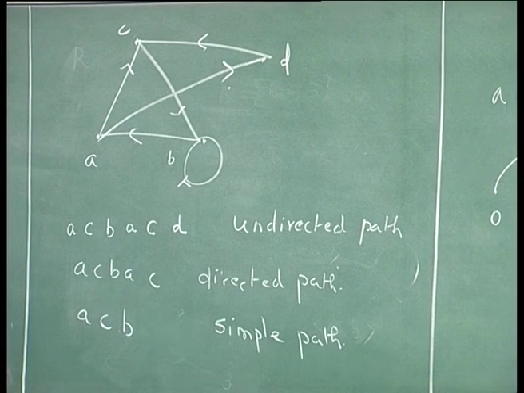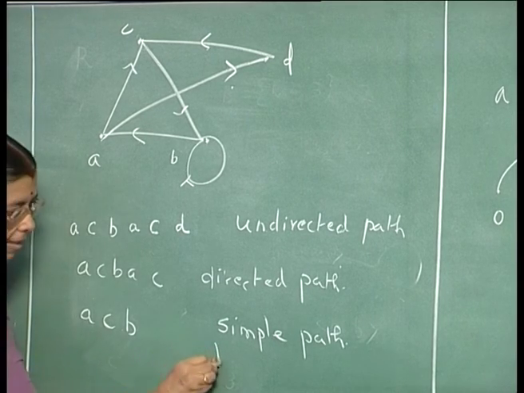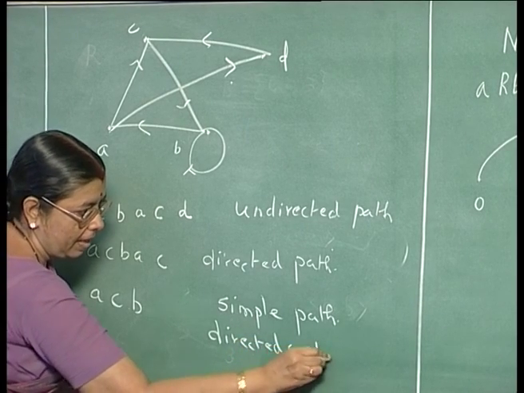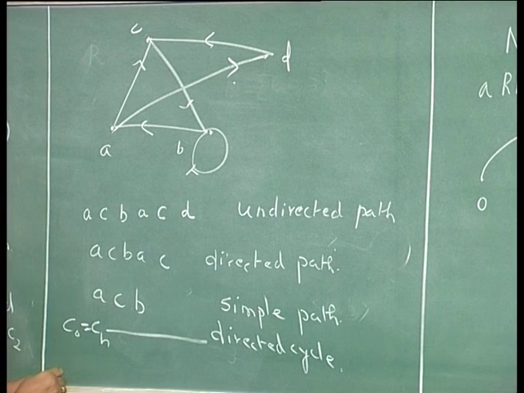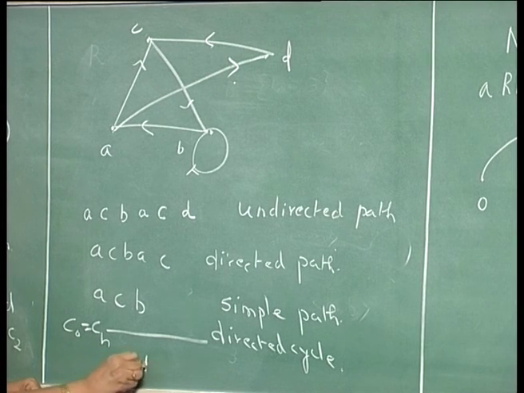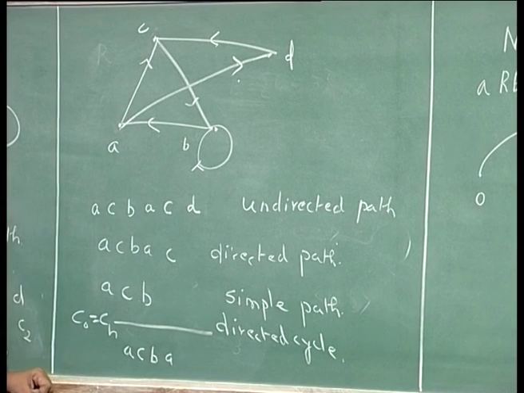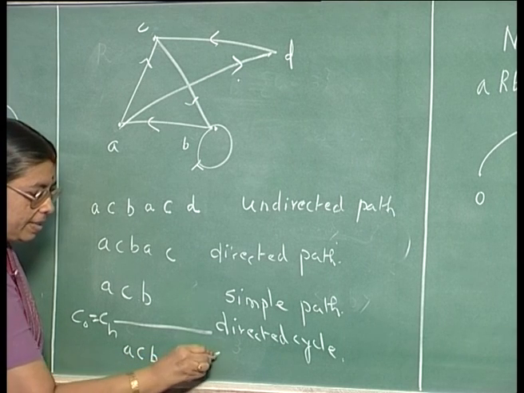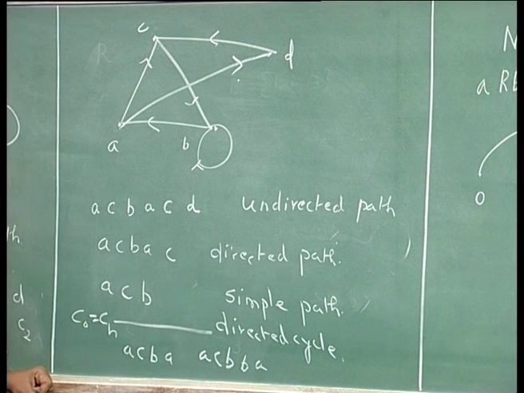If the start node and the end node are the same, it is called a cycle, directed cycle. If C0 is equal to Cn, it is called a directed cycle. For example, if you take A, C, B, A, it is a directed cycle. A, C, B, B, A is also a directed cycle.